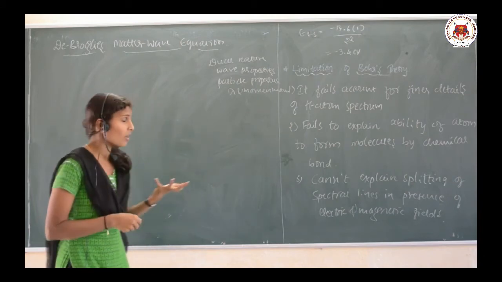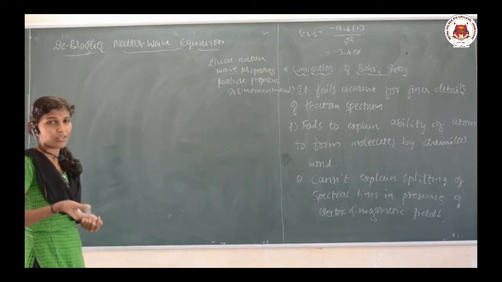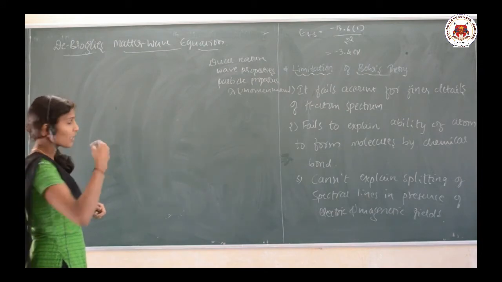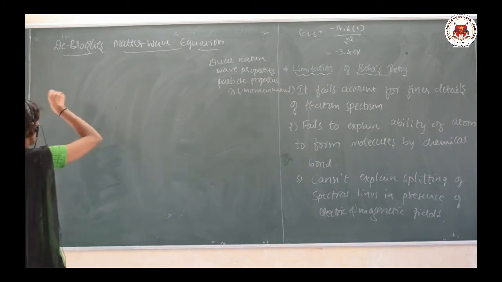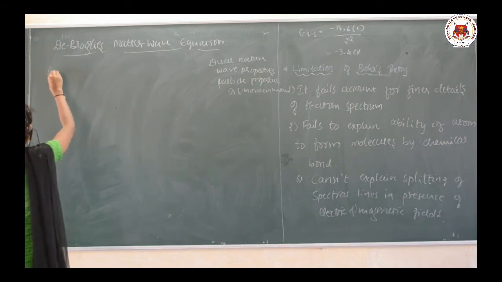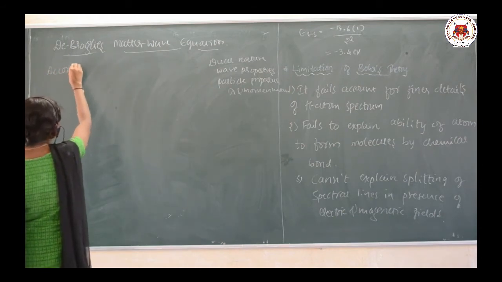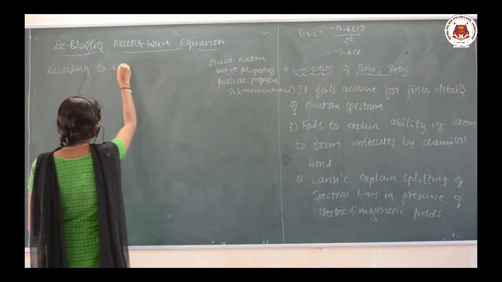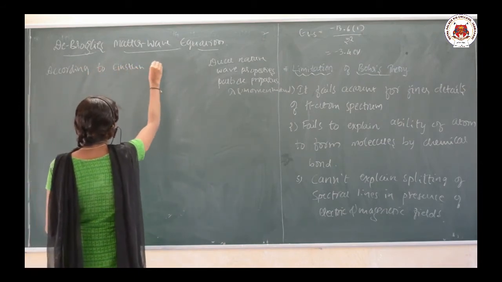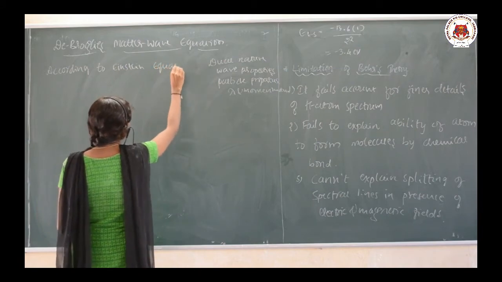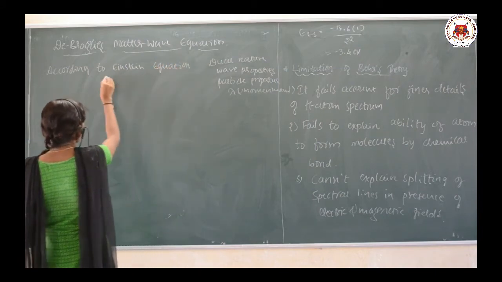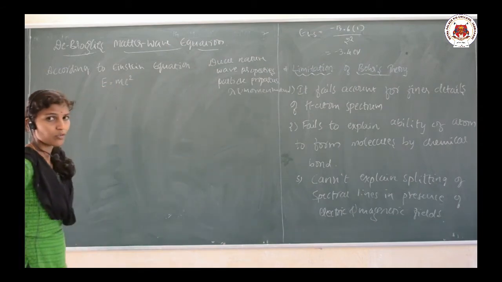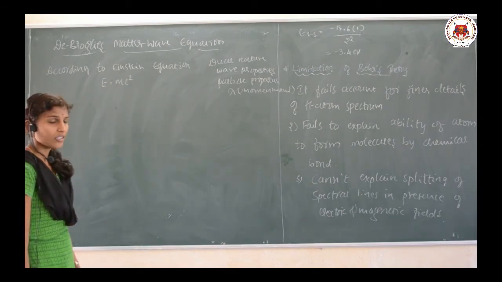So, how to derive the equation? The derivation is asked many times in your examination for 3 marks. Let us discuss how the derivation is done. According to Einstein, E is equal to mc square.